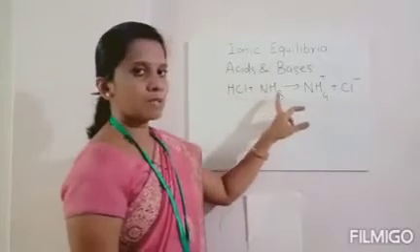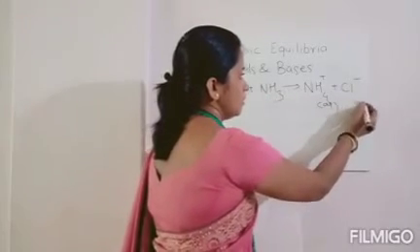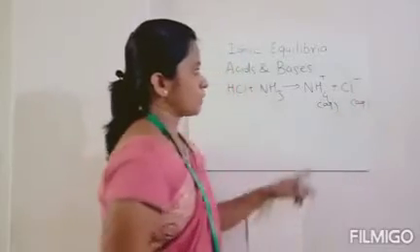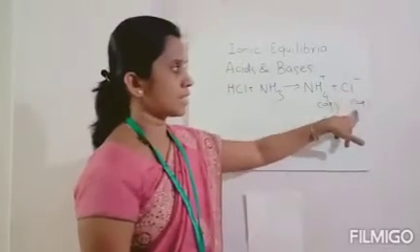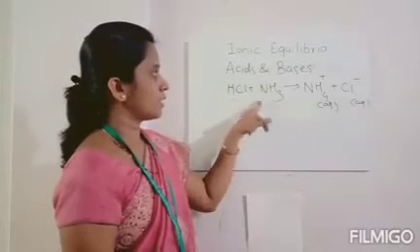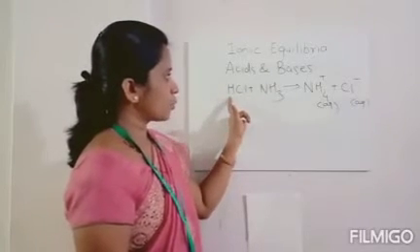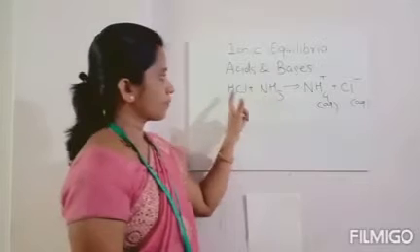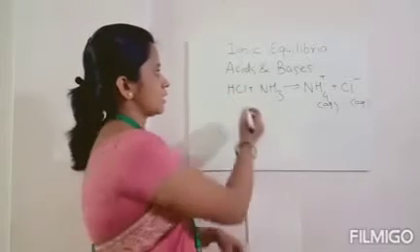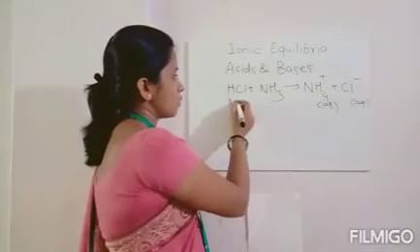HCl plus NH3 in aqueous solution, there will be formation of Cl minus aqueous and NH4 plus. So what is happening here? HCl is giving proton to NH3. So in this case, HCl is what? It is proton donor.